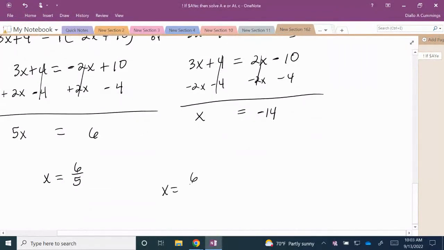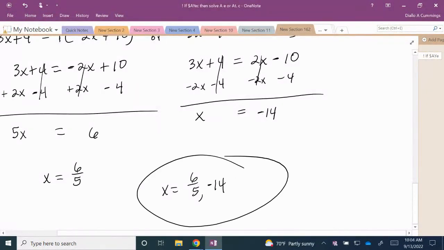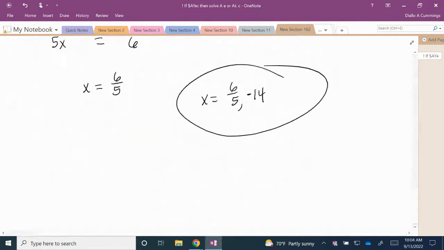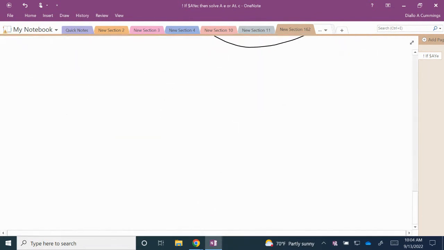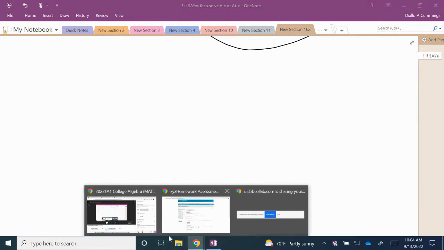So x is equal to 6/5 or negative 14. All right, and that's how we solve absolute value equations. Okay. Next, we're going to take a look at absolute value inequalities.